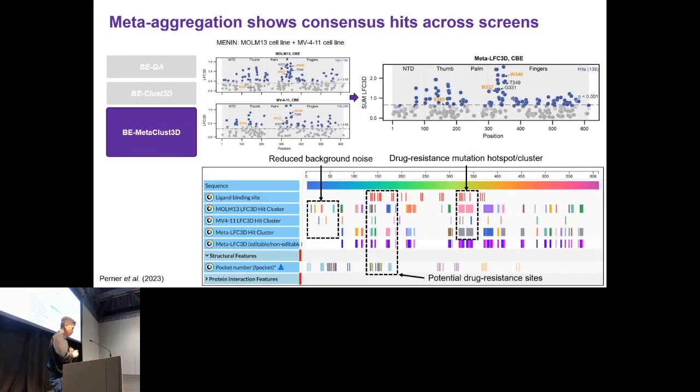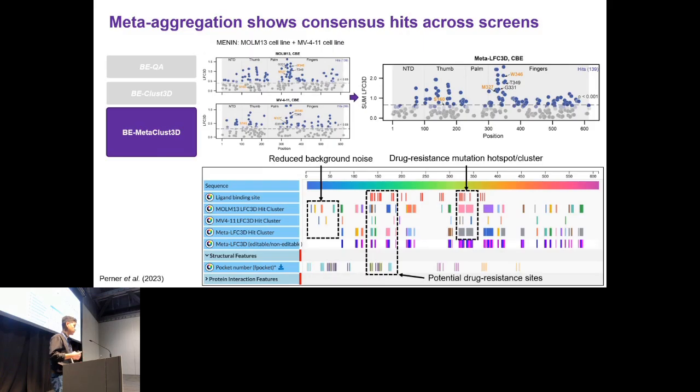The partner group conducted base editing on the menin protein in 2 different cells. The important thing I want to highlight is that LFC3D captures a very key residue that gives drug resistance, highlighted in orange, but it was not identified from the real experiments.